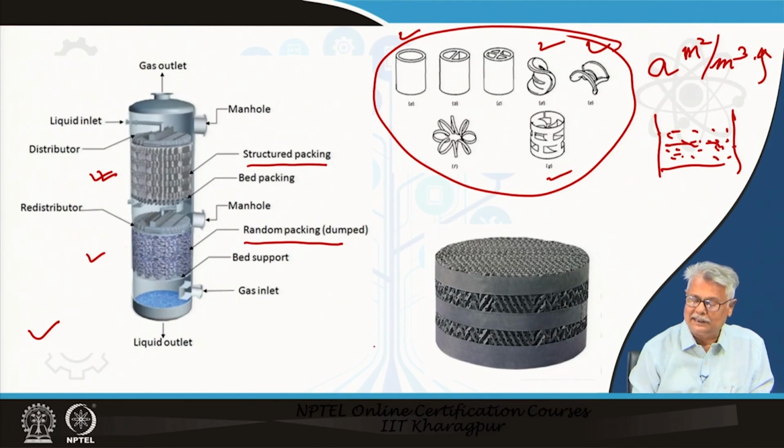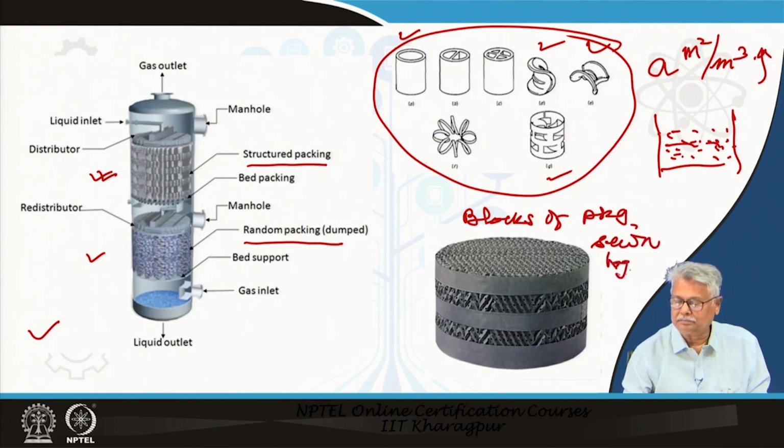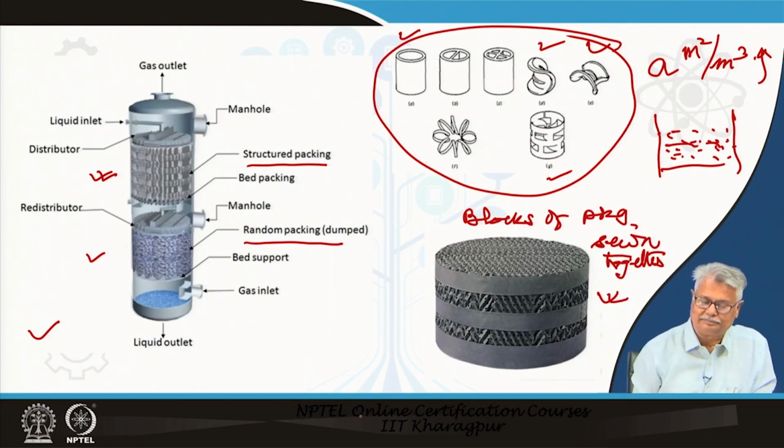Structured packings basically have definite shape. Typically, they are sewn together. In fact, they are layers, or rather blocks of packing sewn together. This you can see from this diagram itself.